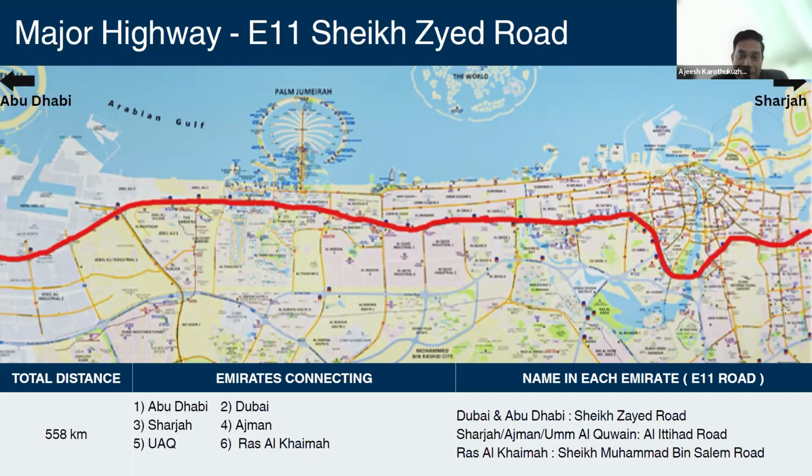The name changes in each emirate because of the naming convention. Any question from the participants on this? No, sir. After explaining the roads, I'll come back to the map in detail. I just want to cover the different roads first before I go to the map discussion.